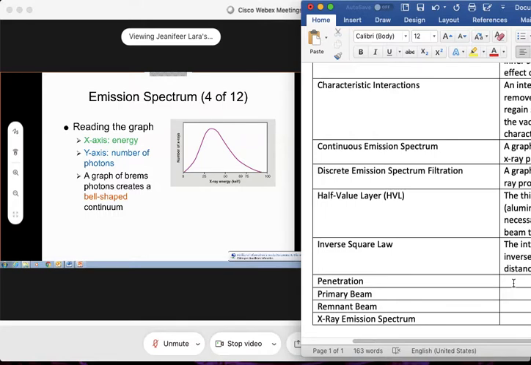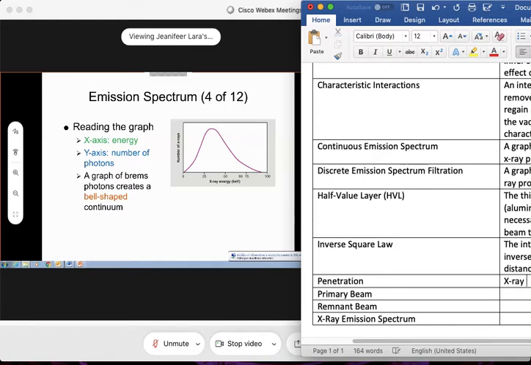I know what the binding energy is, but I don't get the question. So what's the binding energy for K? No, but what is the number? What's the number for K?